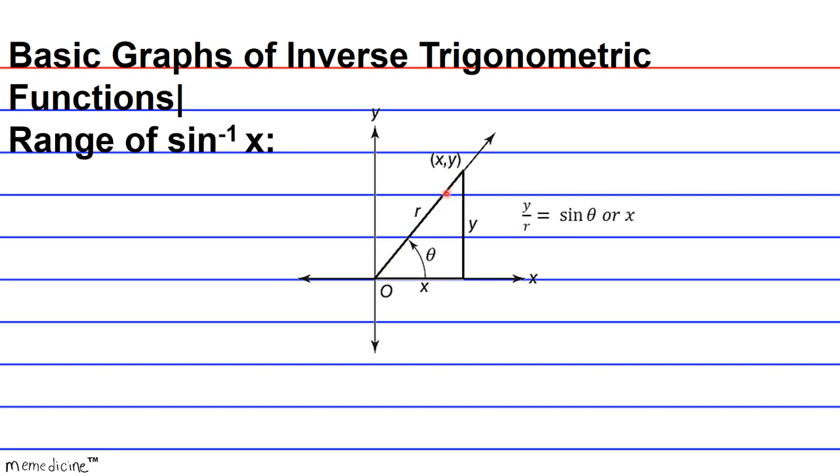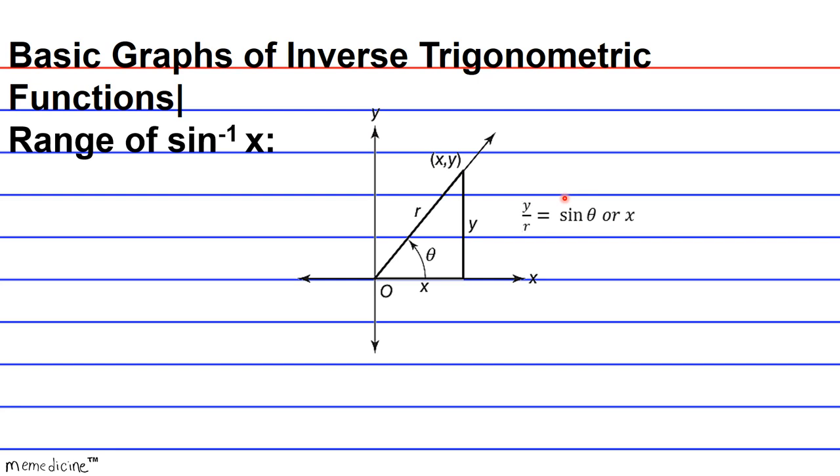So r, or the hypotenuse, the denominator is always going to be positive, because what you're actually incorporating is the measurement of the length of the hypotenuse, or the longest side of the triangle. So y coordinate over r equals the sine of theta, or let's say we weren't calling this theta, it could be x, whatever variable system you're using.